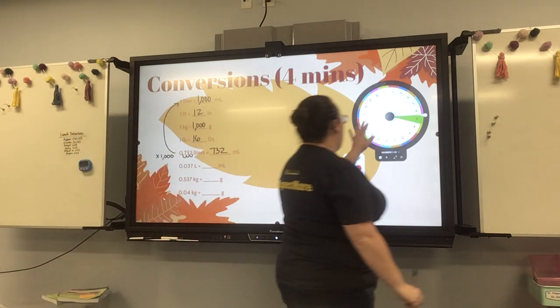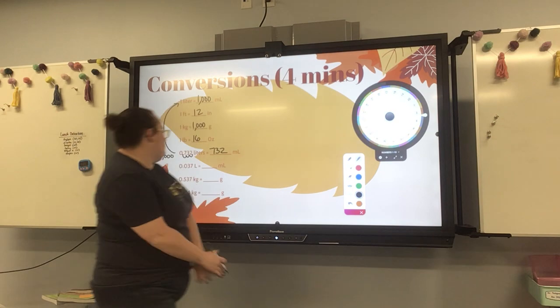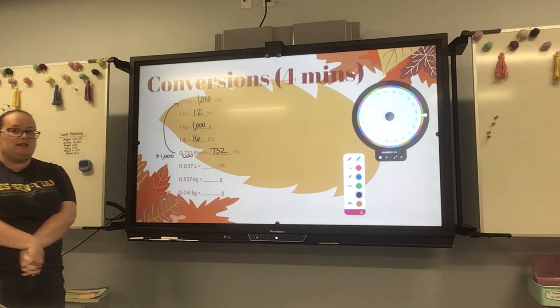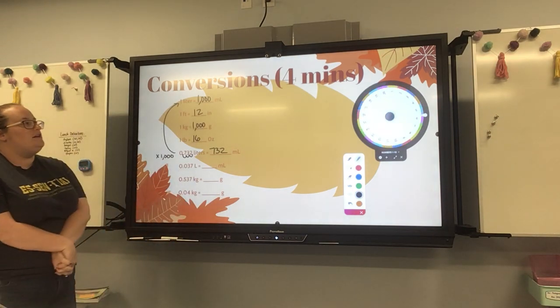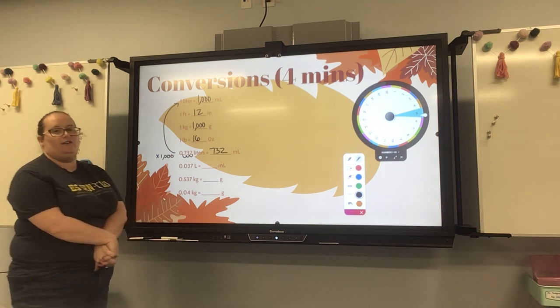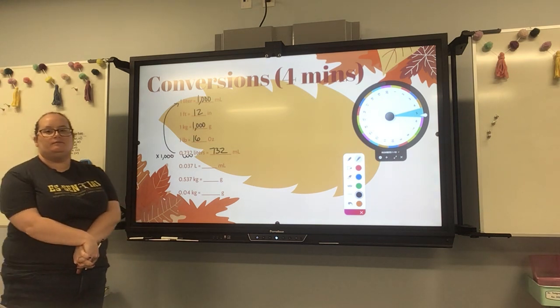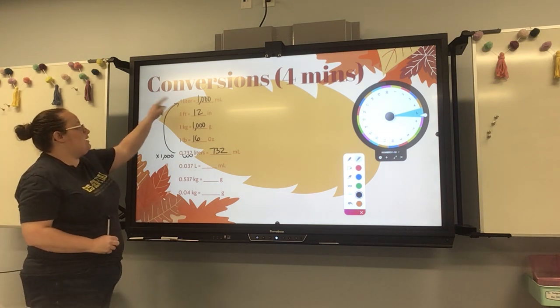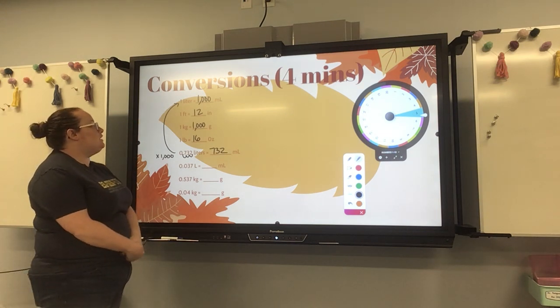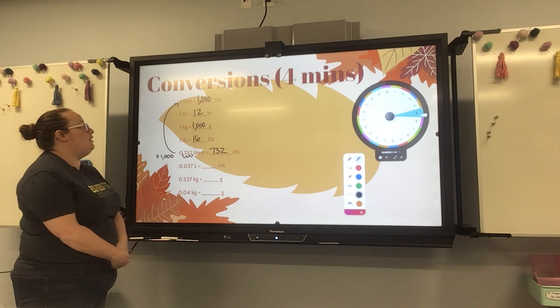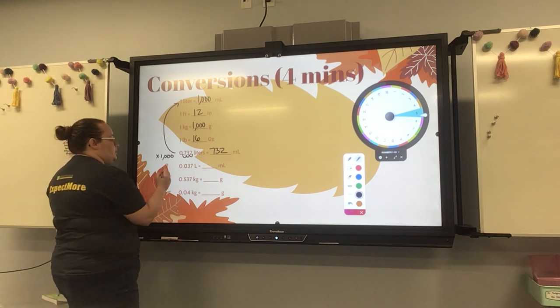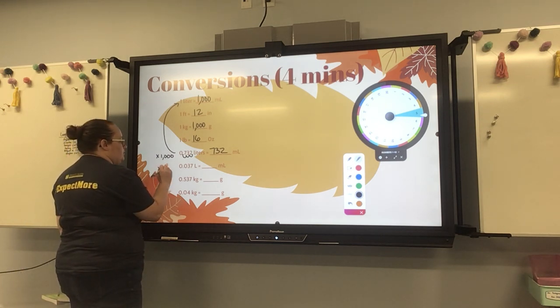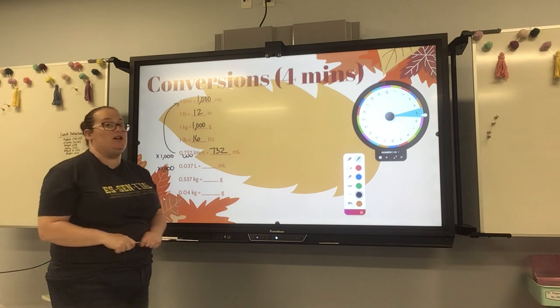Next one. How many milliliters are in 37 thousandths of a liter? Number 5. Just like before, I'm going to be using my 1 liter is 1,000 milliliters. So again, I would multiply times 1,000. Everybody show me with your fingers.